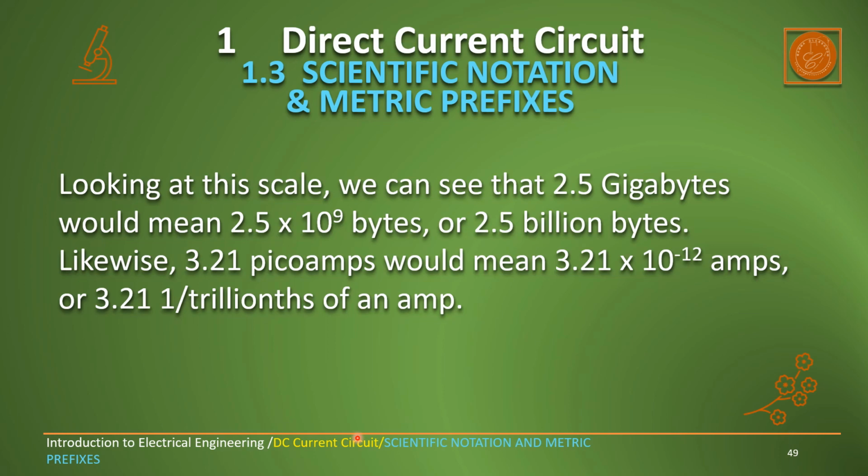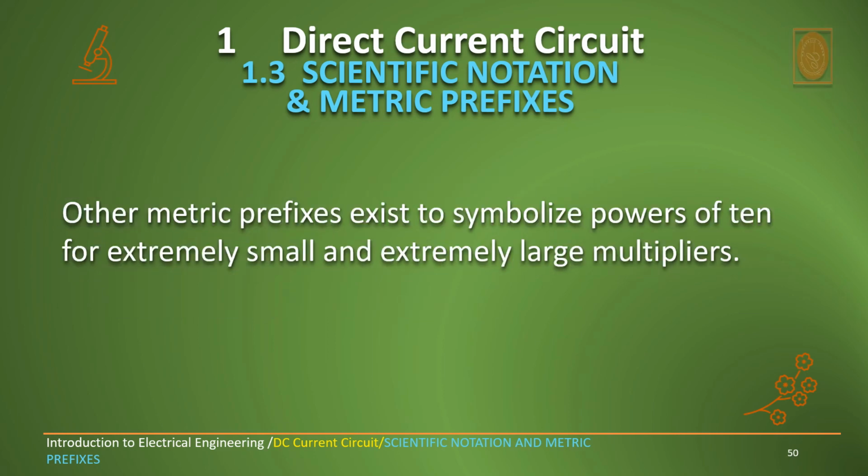Likewise, 3.21 picoamps would mean 3.21 times 10 power minus 12 amperes, or 3.21 divided by trillions of an amp. Other metrical prefixes exist to symbolize powers of 10 for extremely small and extremely large multipliers.